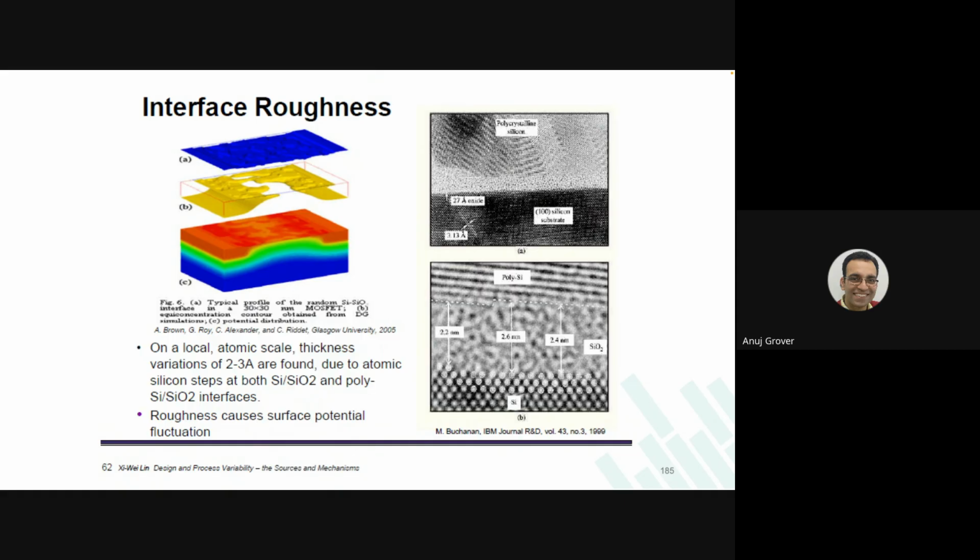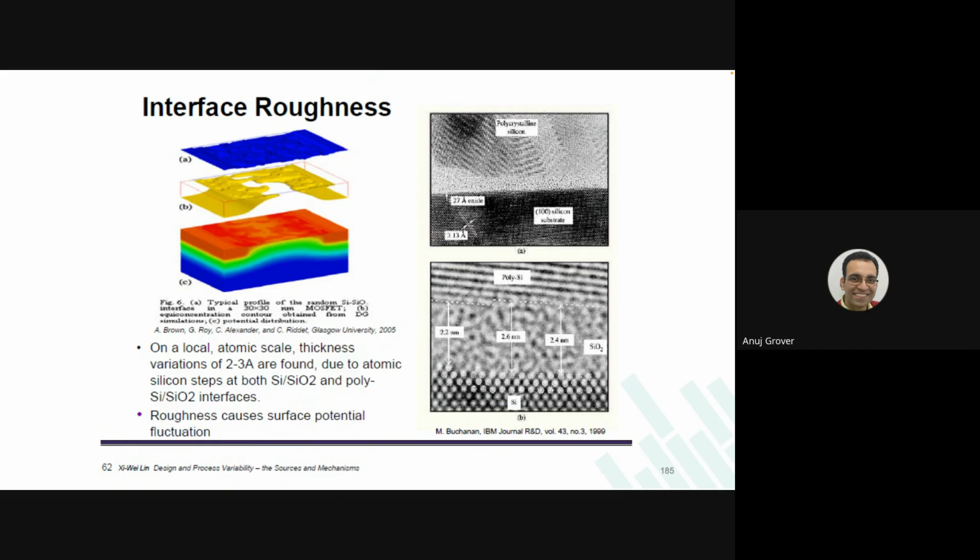And then poly is above it. What we are saying is that the gate oxide thickness is not a constant 12 angstroms that I told you. It is 11 angstroms somewhere, it is 10 angstroms at another place, it is 15 angstroms at another place. On average, it is 12. Are you getting it? So what we are saying is that the interface is not very smooth.